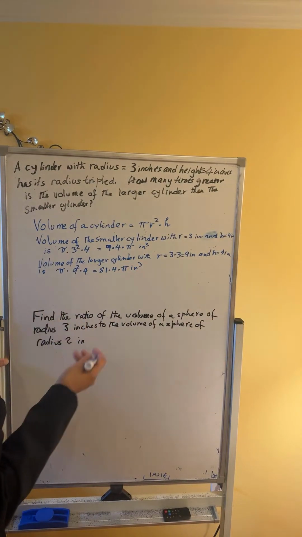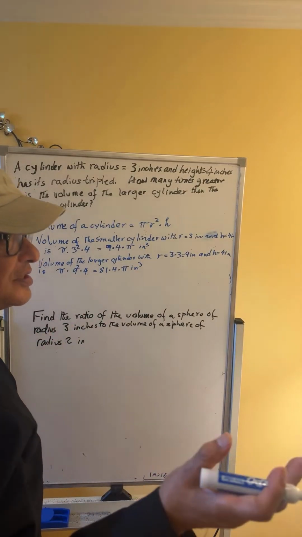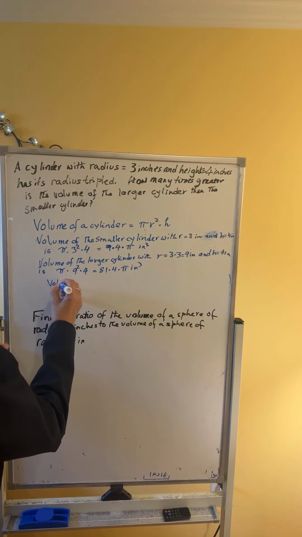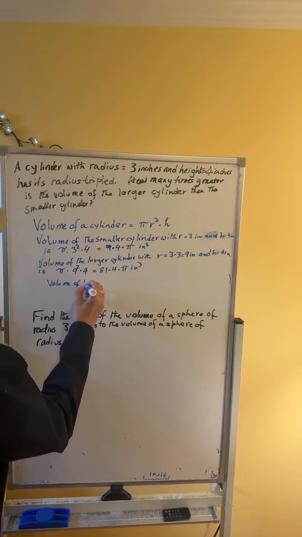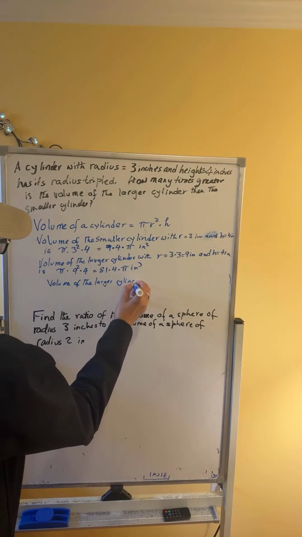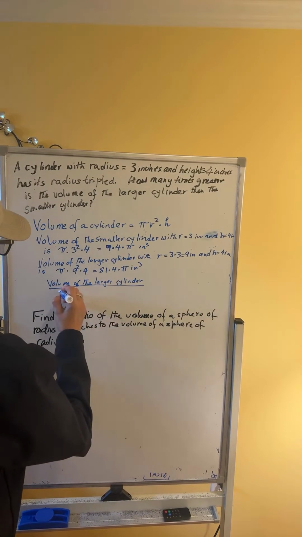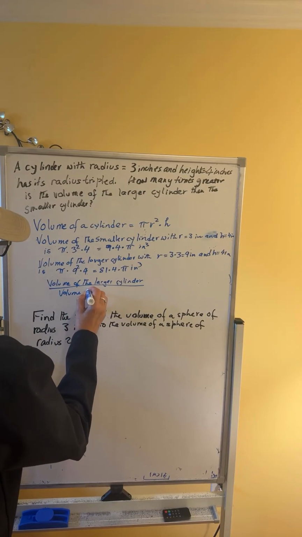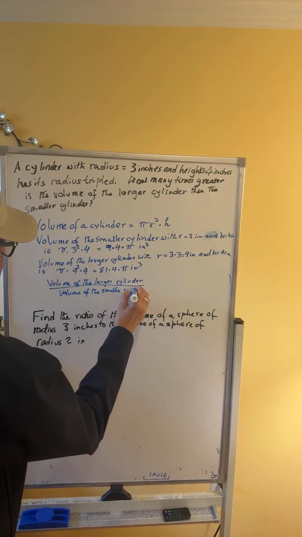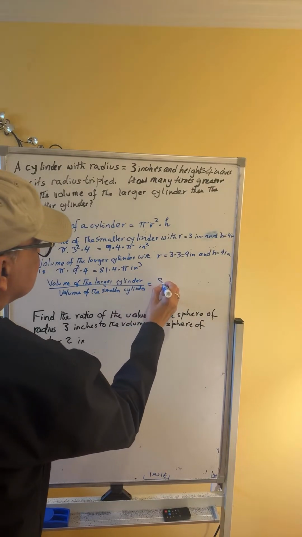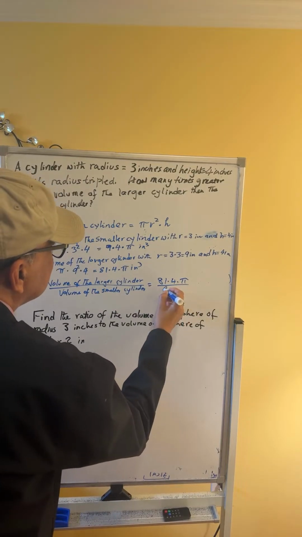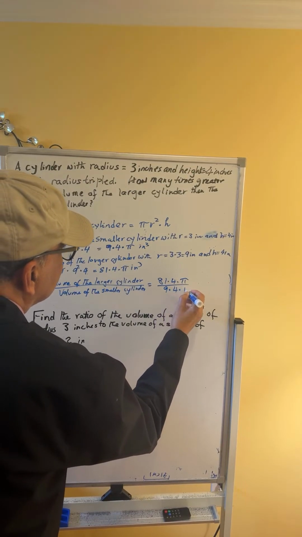So the question was how many times the volume of the larger cylinder is larger than that of the smaller cylinder. So if we take the ratio, volume of the larger cylinder divided by volume of the smaller cylinder, we get 81 multiplied by 4 multiplied by pi divided by 9 times 4 times pi.